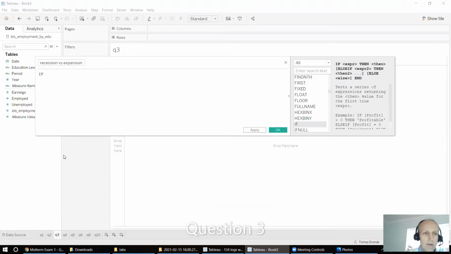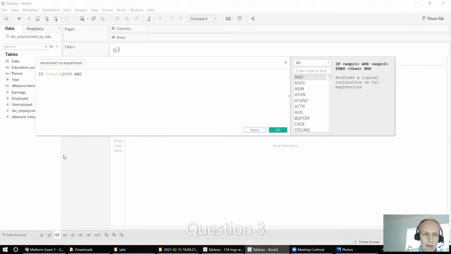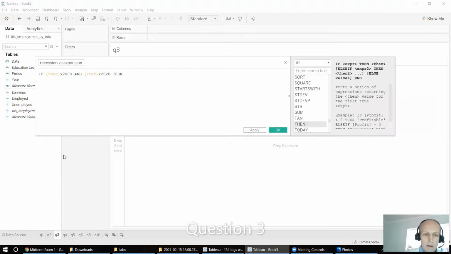And we're going to use the if function. If year is greater than 2008 and year is less than 2020, then we have expansion.